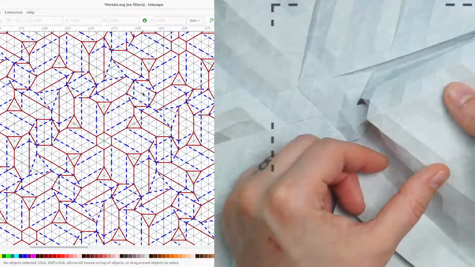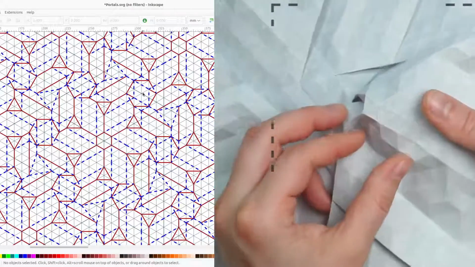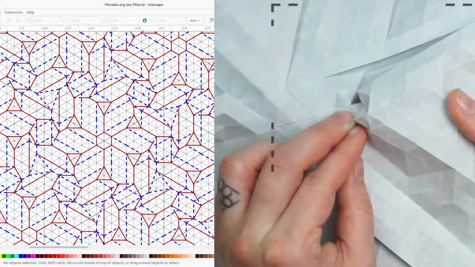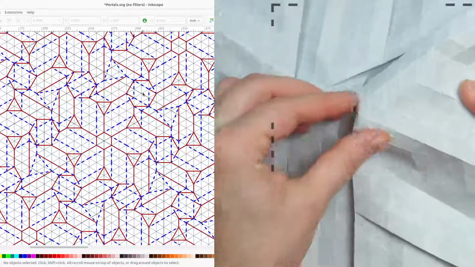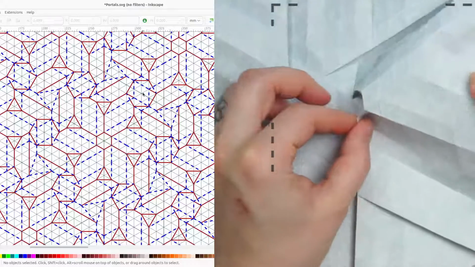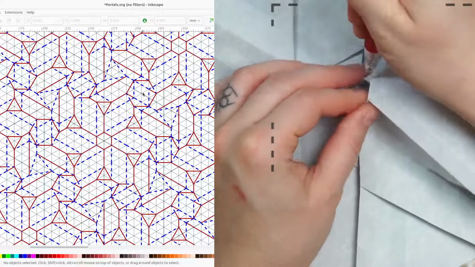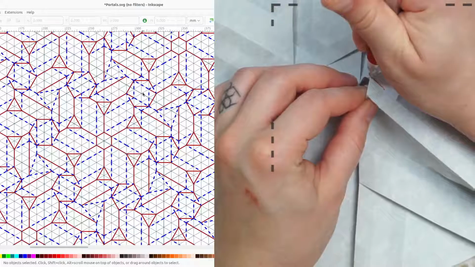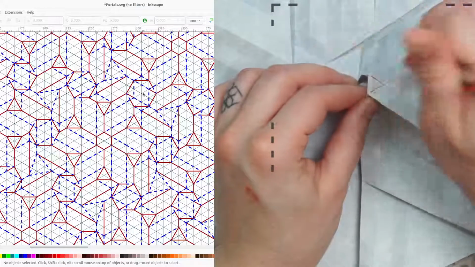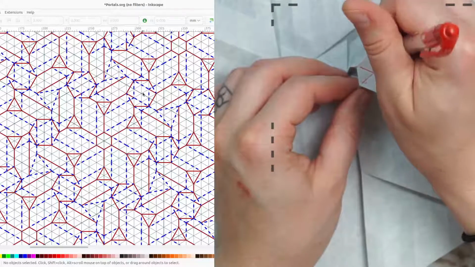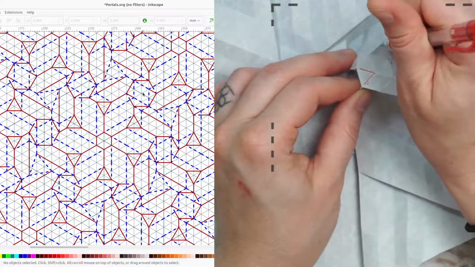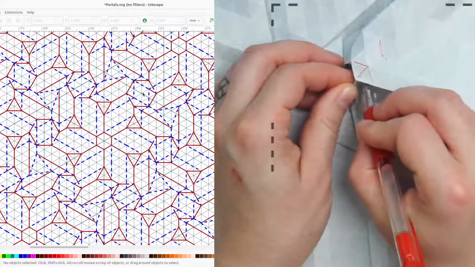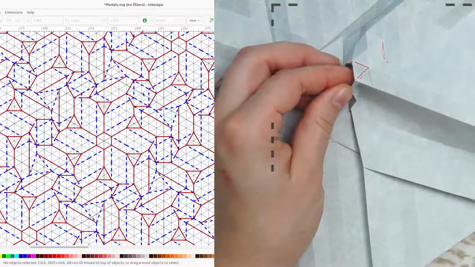And for my third grid direction, I'm just going to start sketching this. I've got this mountain coming into the center, this mountain coming into the center. My third grid direction is going to be the verticals, and those are going to come one spacing away from the center.